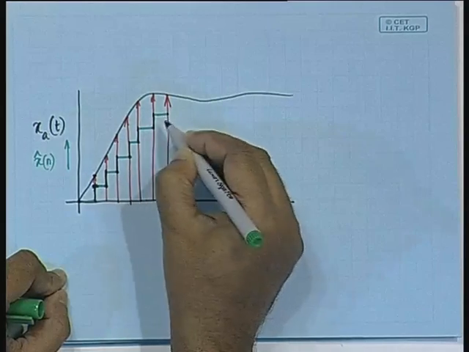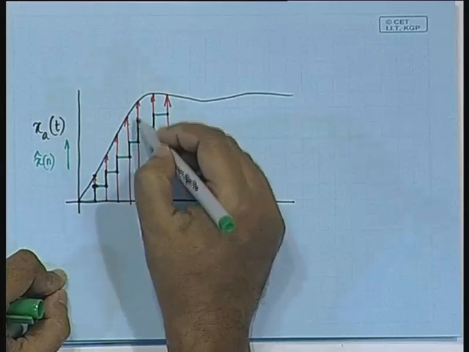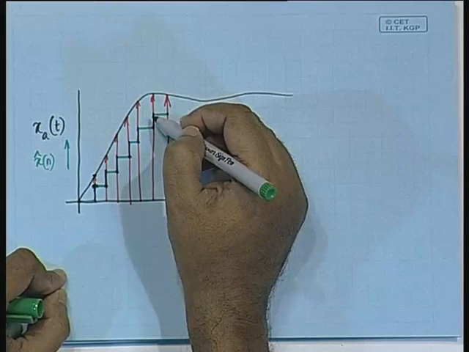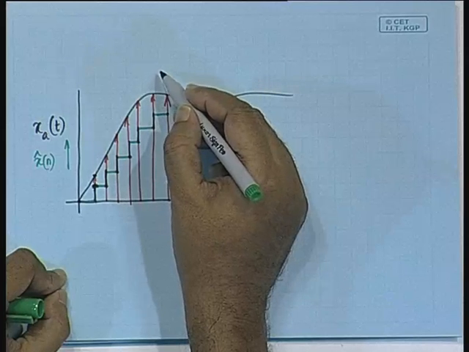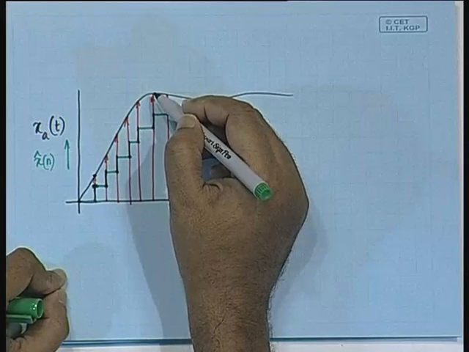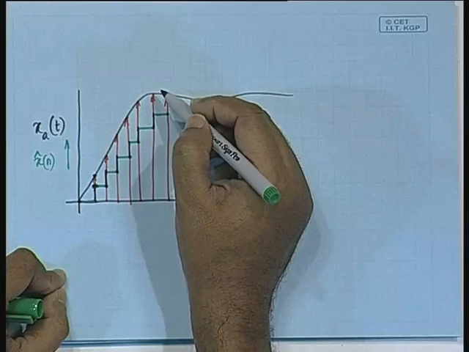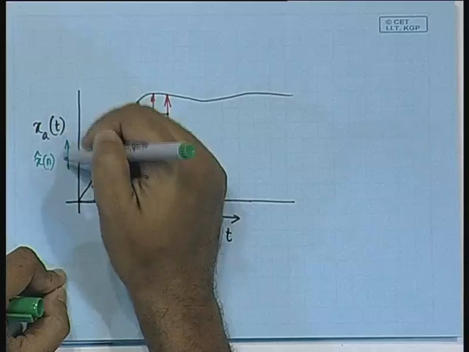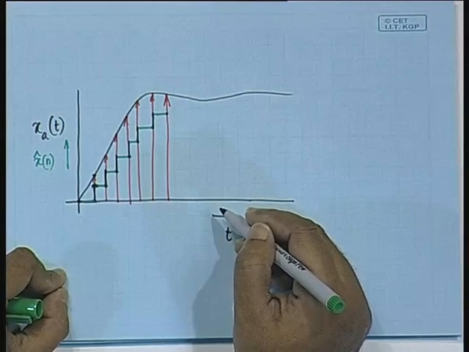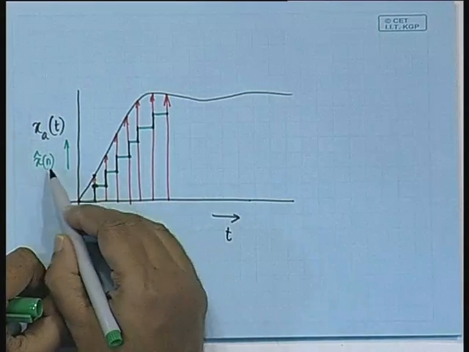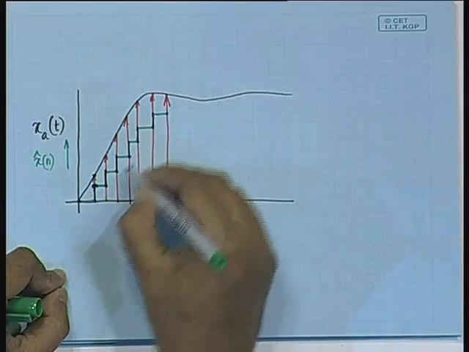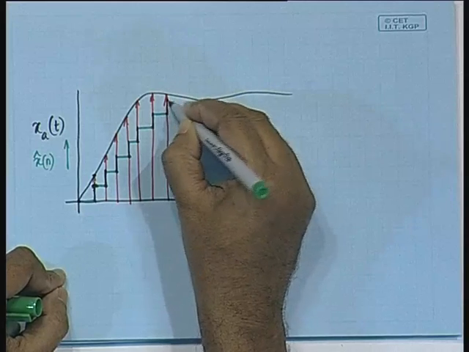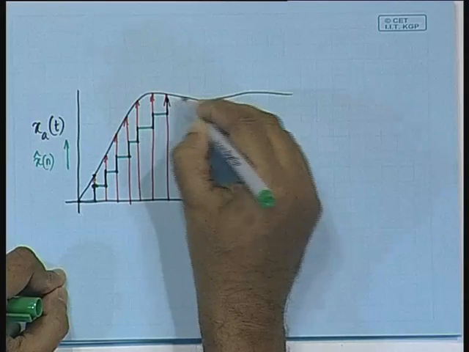Every time we are increasing by delta, because whatever estimate we make based on the previous sample is always lower than x of n. So, we are trying to track down x a of t, the analog waveform, through this x cap of n, by increasing by delta in every step. Here also we increase by yet another delta.